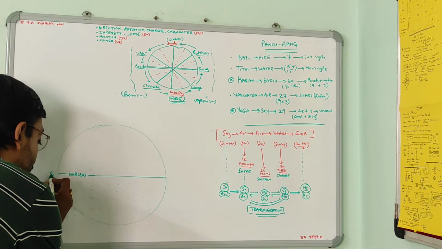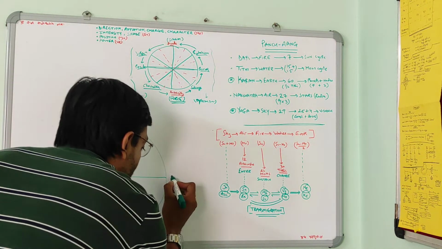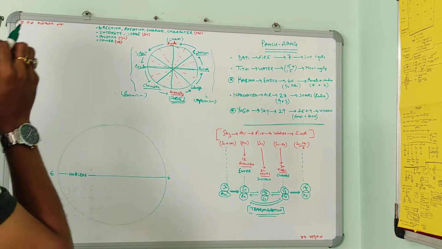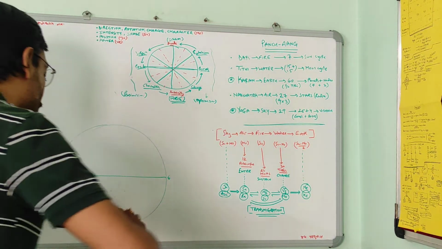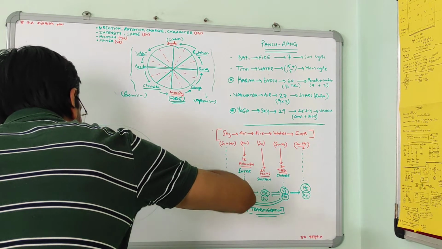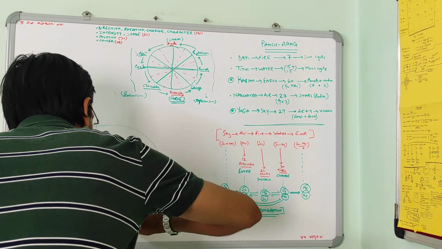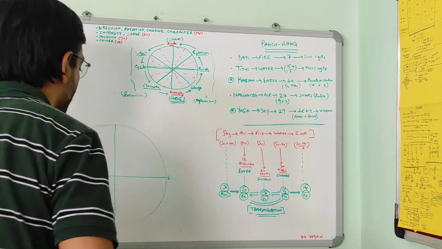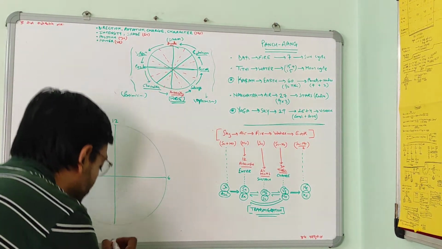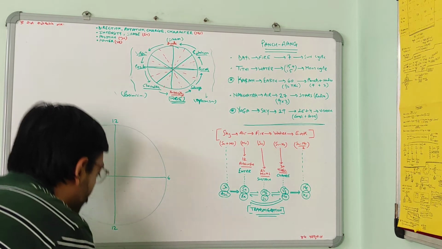So we are writing 6, and we are writing 6. Getting it? Now at the peak hours, that is 12, twelve in the noon, 12 at the night.